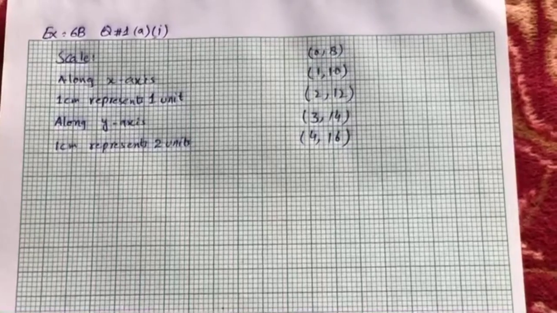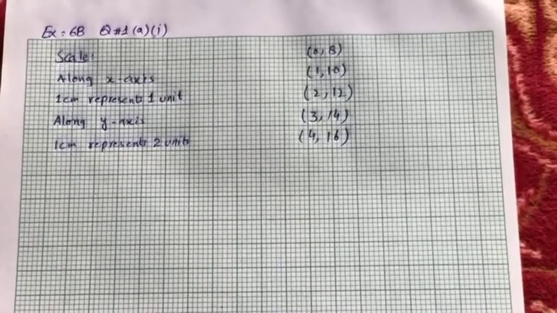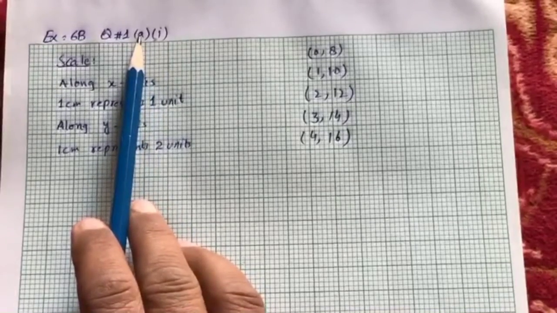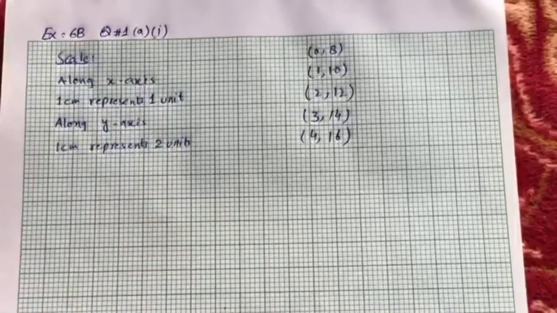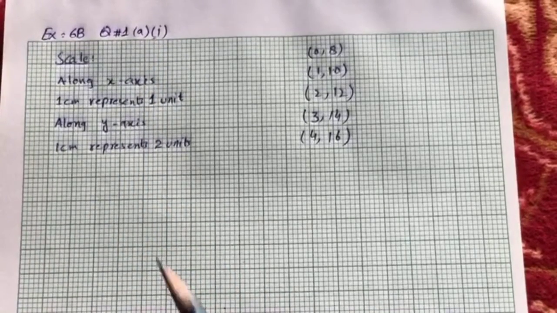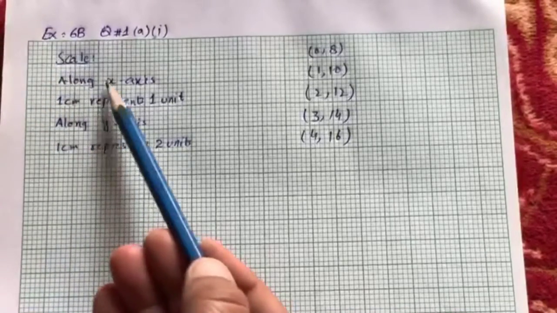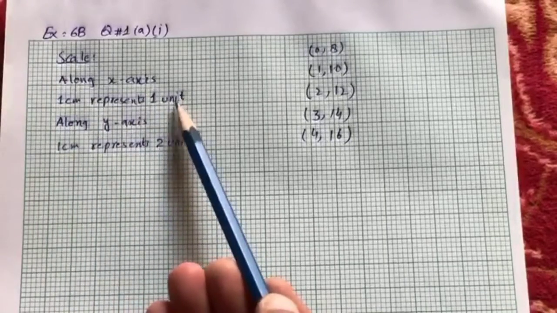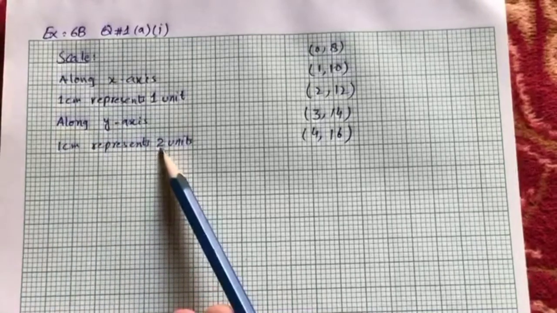Okay, students, now we are going to draw the graph of question number 1, part A. According to the question, along the x-axis we will represent 1 centimeter as 1 unit, and along the y-axis we will represent 1 centimeter as 2 units.